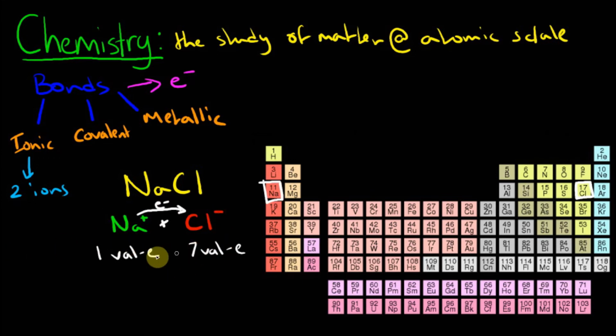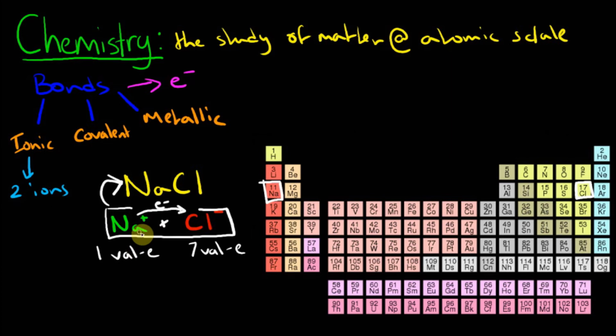This creates a difference in charges between positive and negative, and as we know, opposites attract. So that's exactly what happens here. The positively charged sodium and the negatively charged chlorine are attracted to each other, and they stick together and make an ionic bond. That ionic bond makes up NaCl.